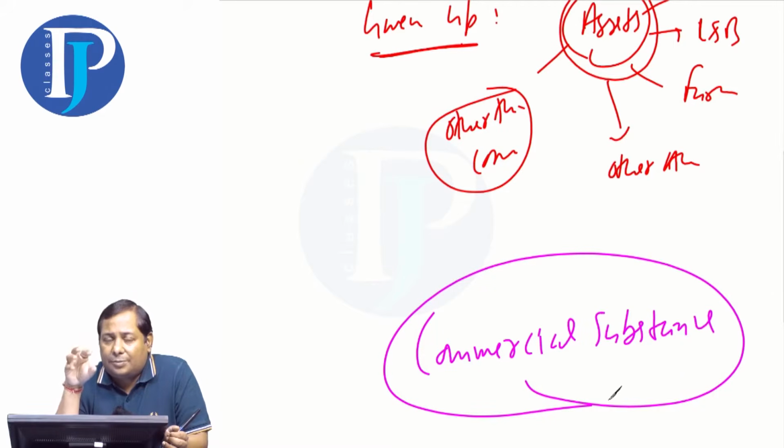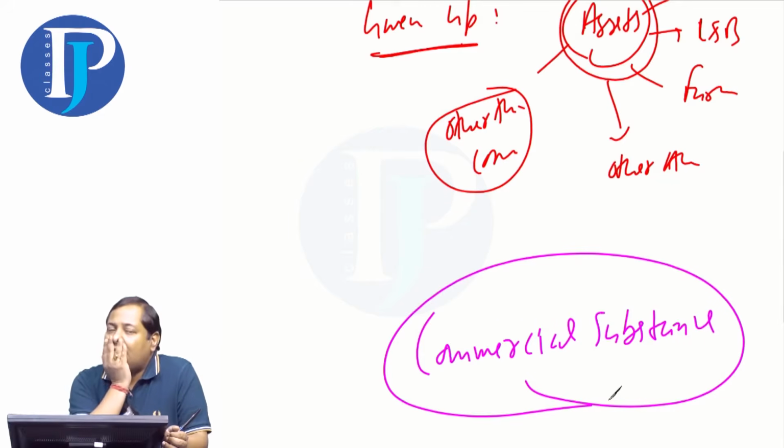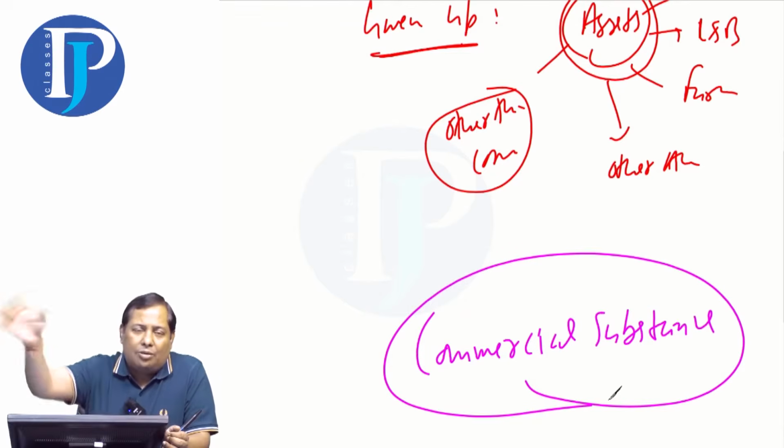And if no commercial substance exists, then accounting will be done differently. Understood? The accounting model is a little different because of the commercial substance, and the accounting model will be different when there is no commercial substance.